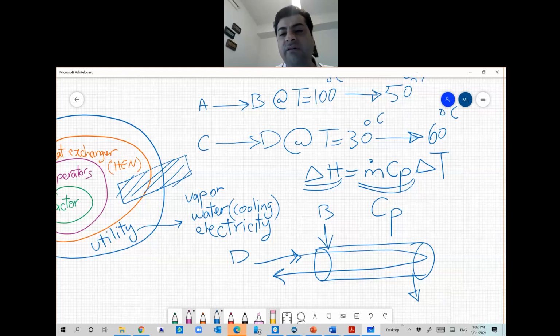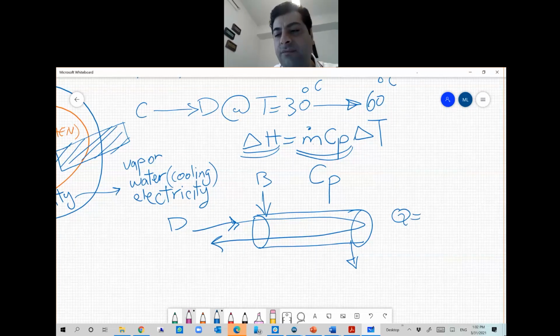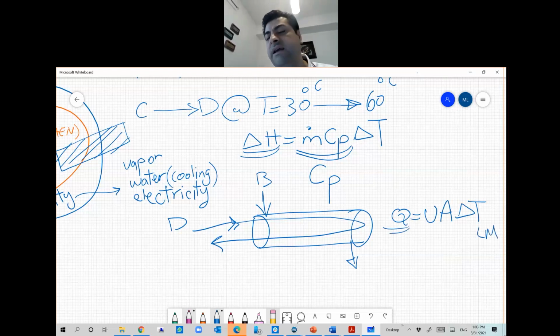And you know that the governing equation for a heat exchanger is UA delta T log mean. In other words, the total heat that is exchanged inside the heat exchanger is a function of the overall heat transfer coefficient.